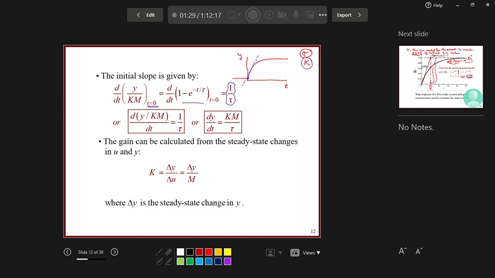The gain is defined as the change in the output divided by the change in the input. We know that the input is a step change of size M, so its change is M, so that means that K is delta y over M. Once we calculate tau and K, we have found the parameters of the first order model, and we can substitute in the transfer function.